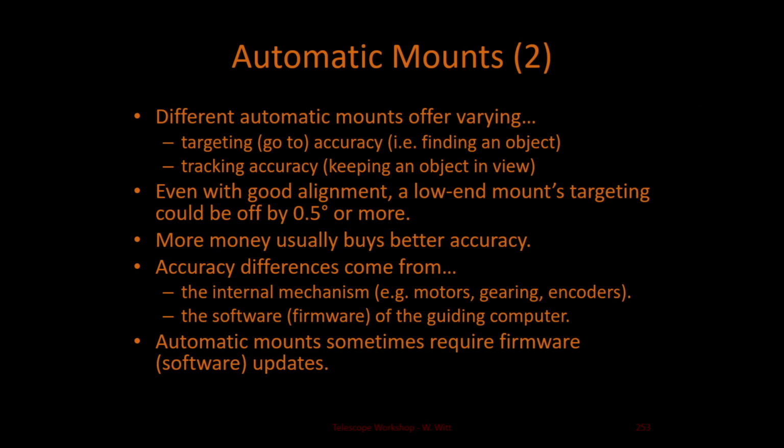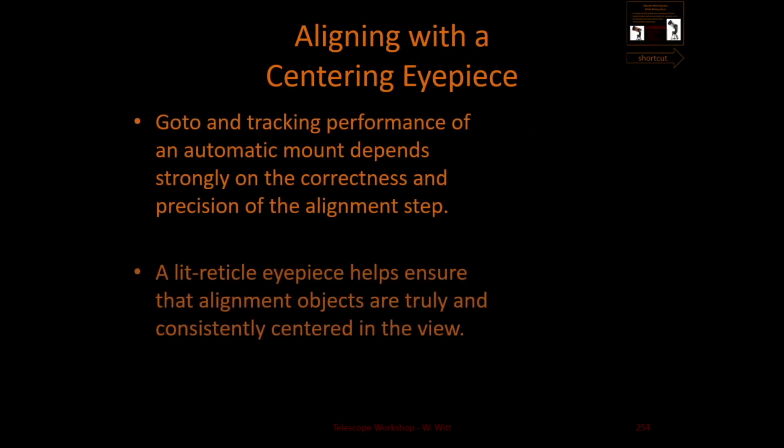The mount mechanism has a little more carrying capacity and better go-to and tracking accuracy, so you're going to have an easier job finding an object with that one than with this one. Again, trade-offs. Those differences come from the internal mechanisms, like how good the motors and gears are, and the software in the mount. And be aware, if you have these automatic mounts, everything has software. You may be doing software updates at some point to address some problem. It's part of the game these days.